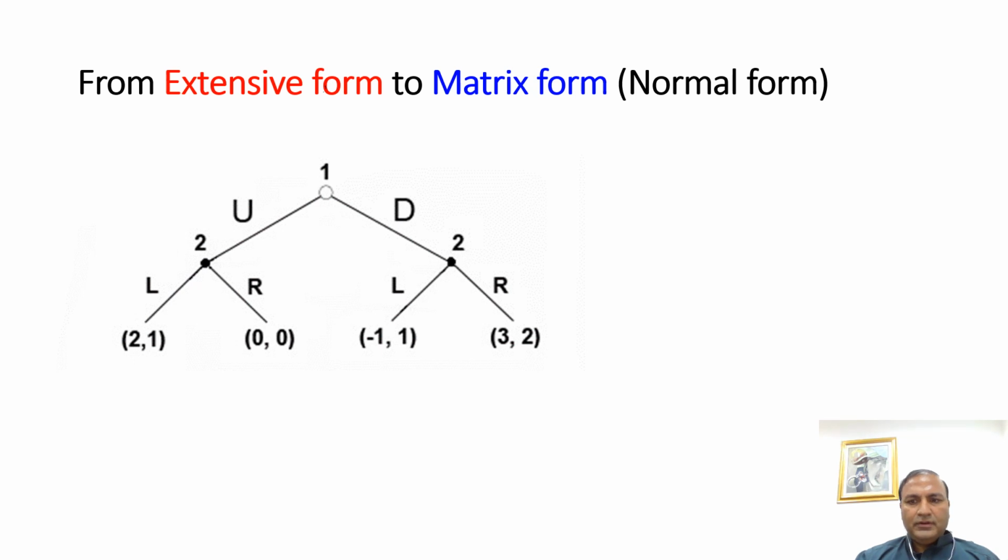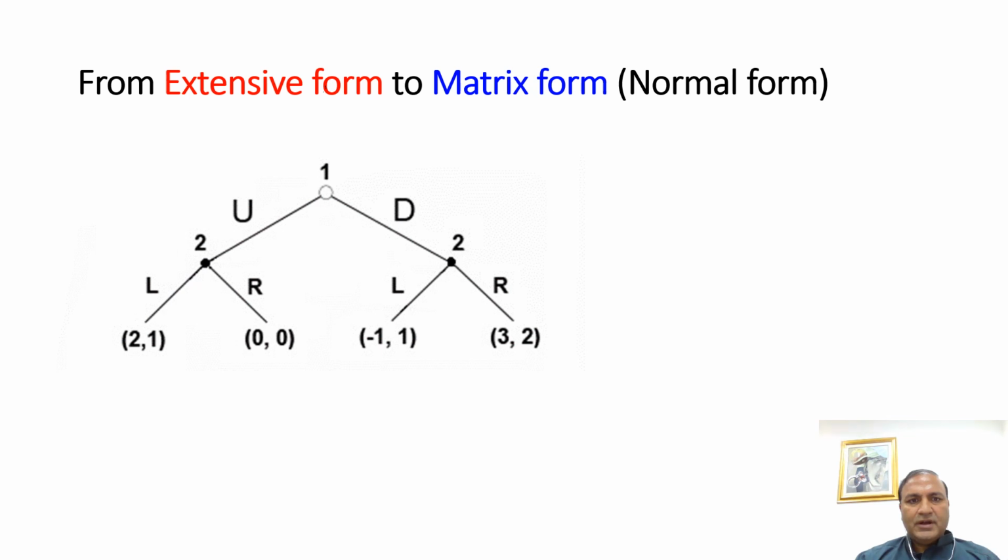So now I am going to explain how to transform an extensive form game into a matrix form or normal form game. This is the game we have, and we want to write it in a matrix form. The first step is that we have to write the actions and strategies of each player.